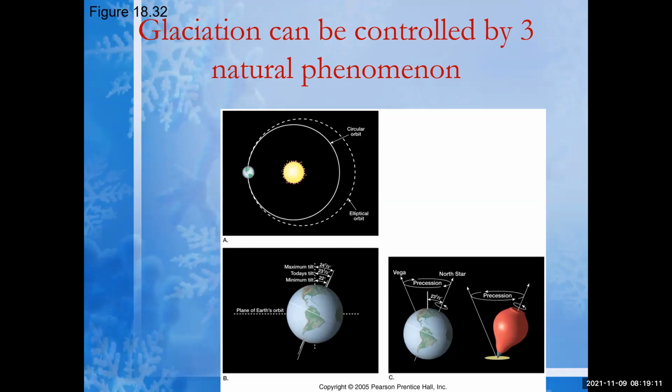Those are, one, we can look at Earth's orbit. Maybe you've constructed your own solar system, maybe for fun or for a science fair project, and you've noticed that the orbits you constructed were very circular.